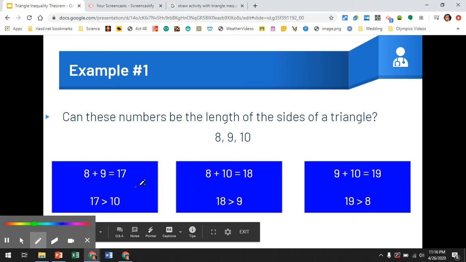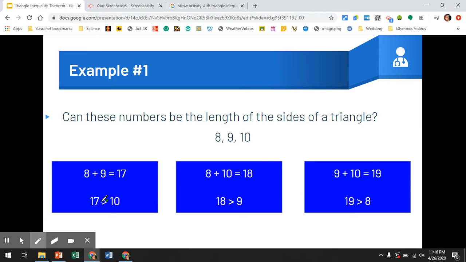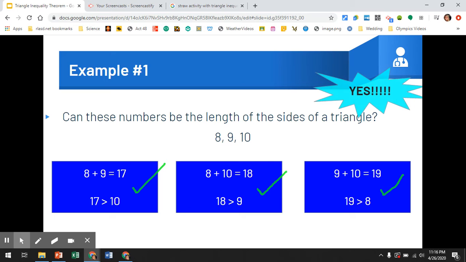Since 8 plus 9 is 17, and 17 is greater than the other side, which is 10, this one works. 8 plus 10 is 18, and since 18 is greater than 9, this works. And 9 plus 10 equals 19, and since 19 is greater than 8, this one also works. Because all 3 of them work out, yes, this would be the sides of a triangle.